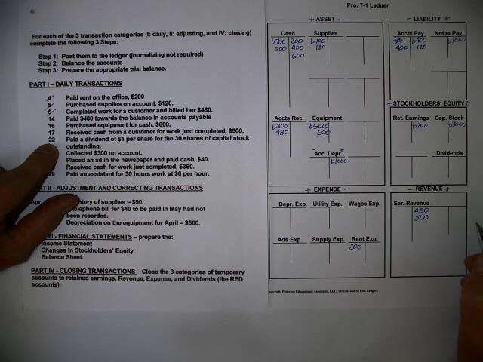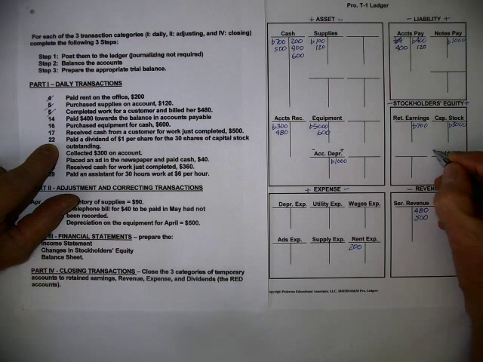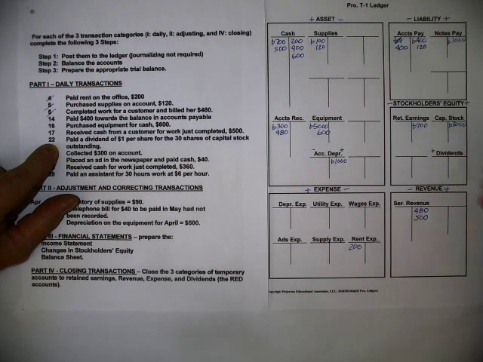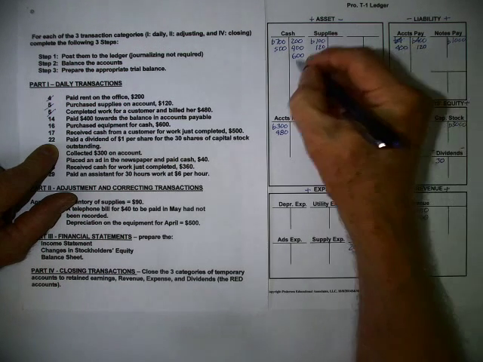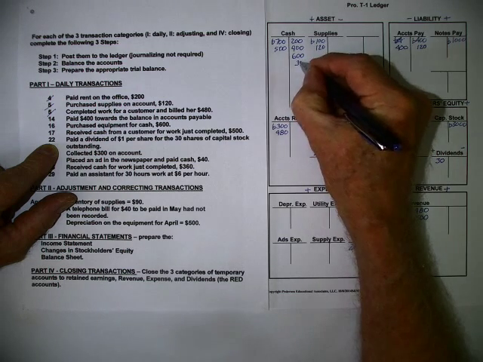Dividends is another contra account. The other one was accumulated depreciation. While stockholders' equity accounts increase as credits, dividends increase as a debit. All right, so we're going to put $30 over here, and stockholders receive it in the form of cash, so we'll decrease cash, $30 there.